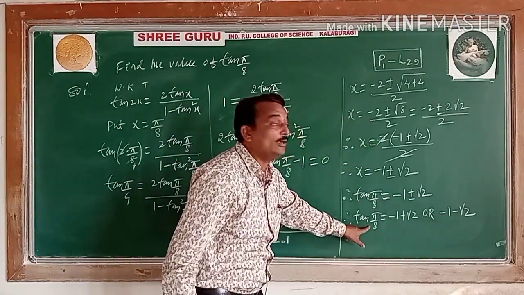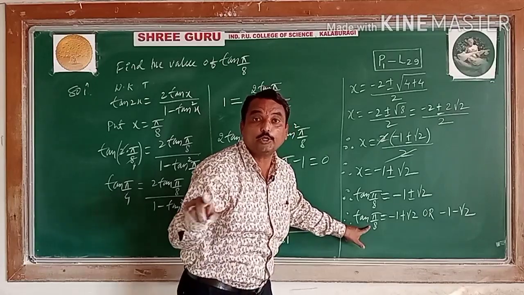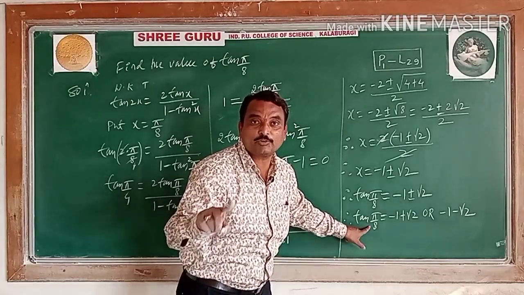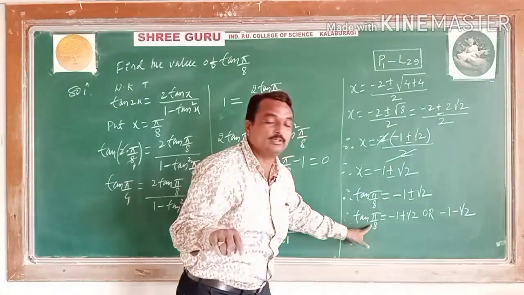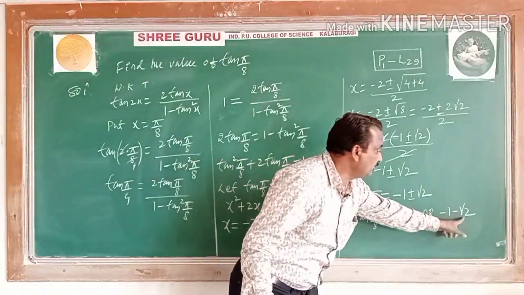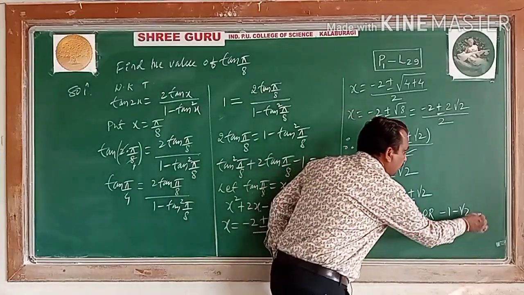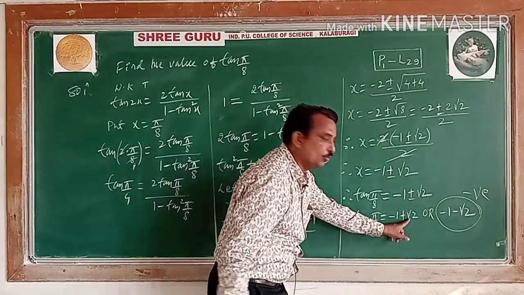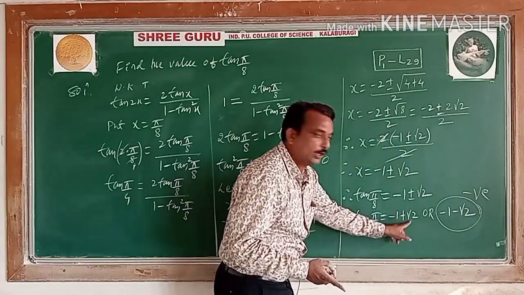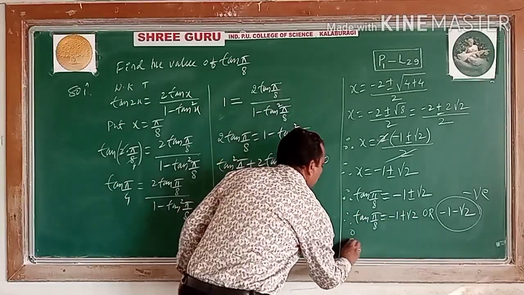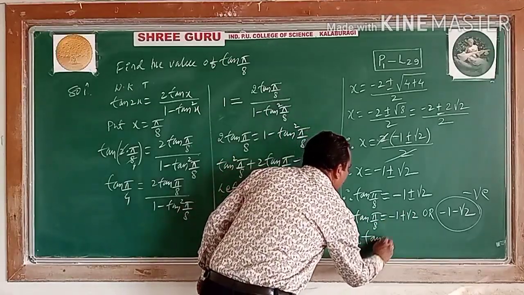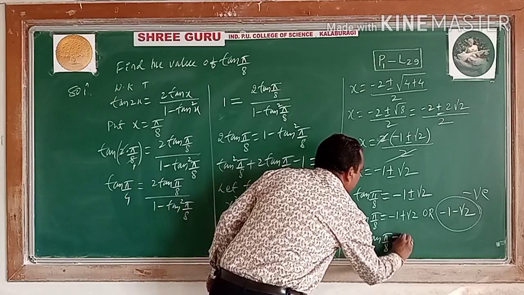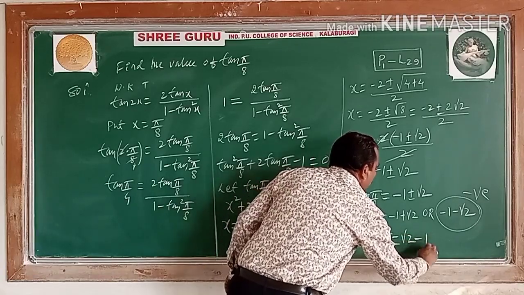What is tan pi by 8? It is 22.5 degrees. Is it positive? It lies in the first quadrant, 0 to 90 degrees, so it is positive. The second value is negative. Root 2 is 1 point something, minus 1 is positive. So tan pi by 8 equals root 2 minus 1.